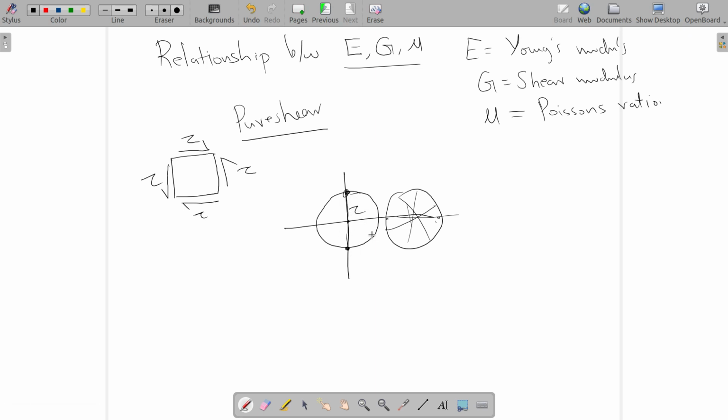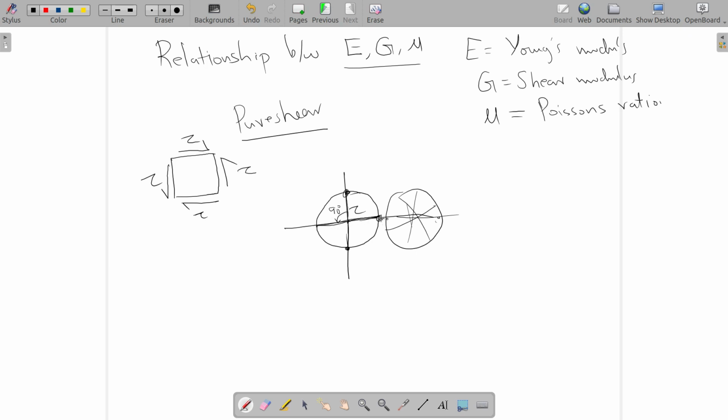In the case of pure shear, we can convert it into a case where you have only normal stresses. If you rotate your coordinate system by 45 degrees, then you will have to rotate the diagonal by 90 degrees. Then you have a system where principal planes are obtained using this diagonal.